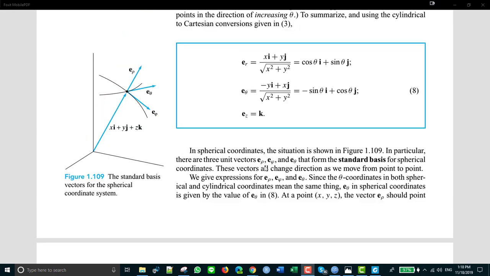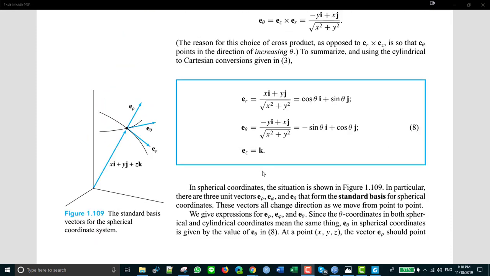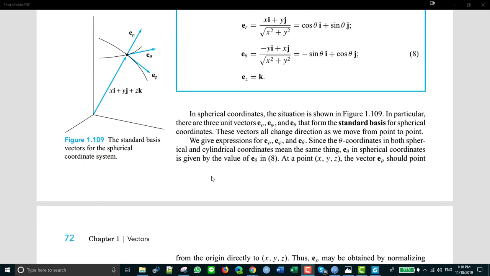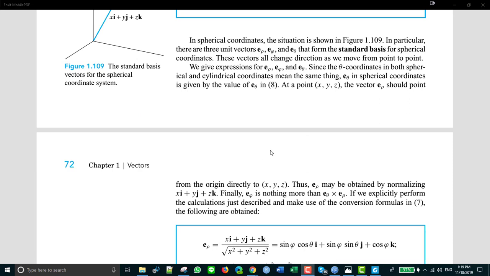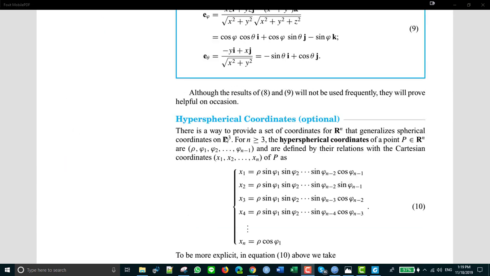In this case, remember, for cylindrical coordinates there was one that we really didn't have to do anything with, and that was the z direction. But when we're talking about spherical, we have to work on all three of them. We do still use the trick of using a cross product. So we get two of them, and then we use the cross product to get the third one.